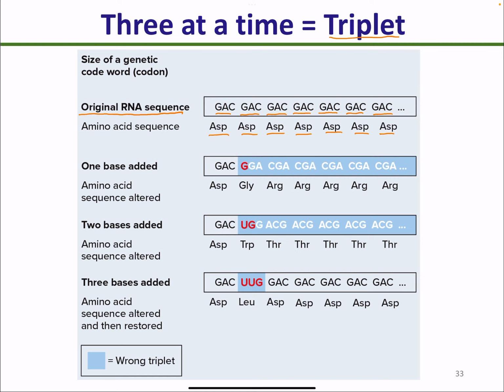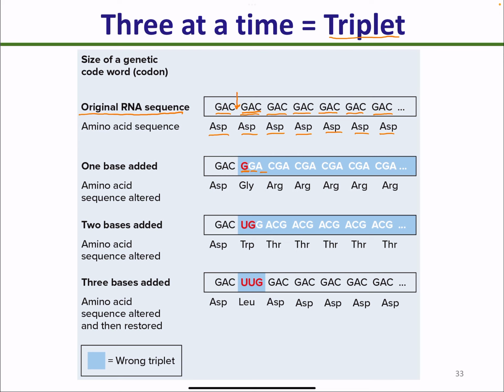That insertion happens in here. So now we have the addition of a G. Now, what was GAC? Instead of GAC here, now we're going to have GGA.